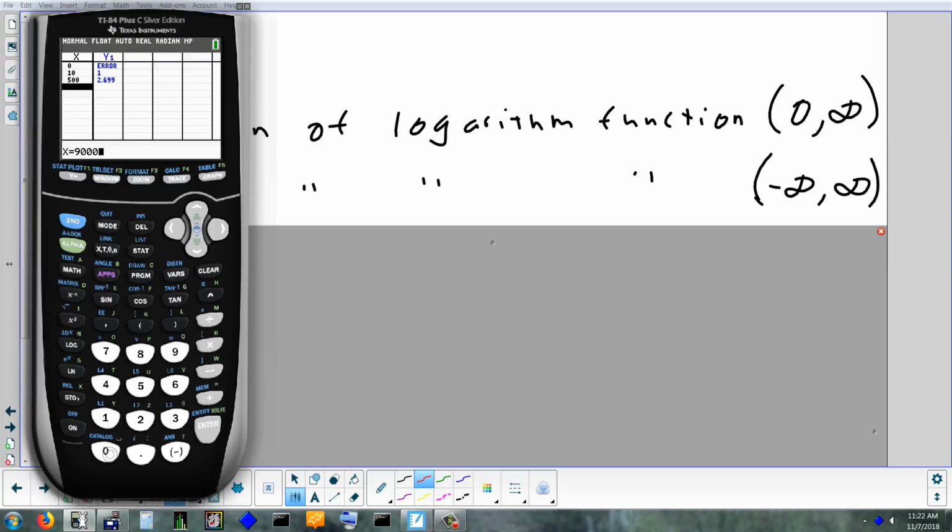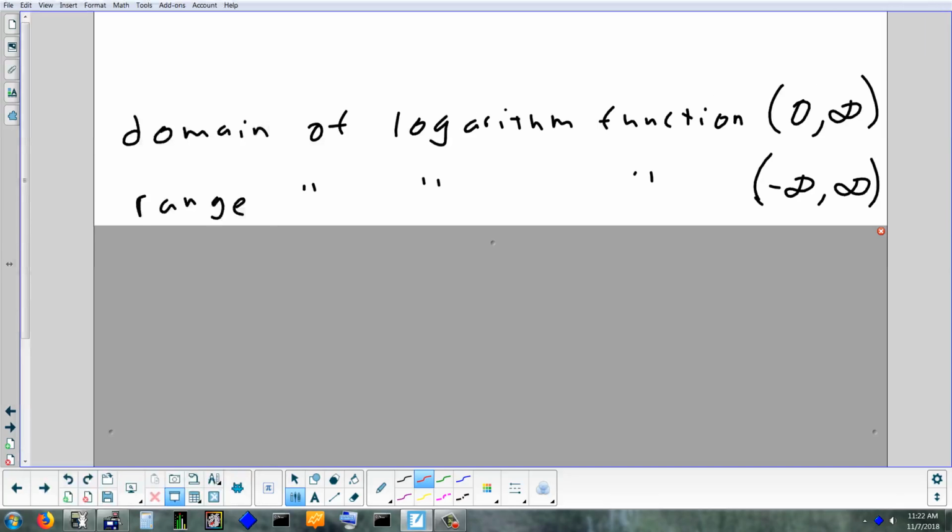If I go all the way to 9,000, going up another 4,500 units on the x, it only brought me up 1.3 units on the y. So it's very, very little for how much you have to go on the x-axis compared to how much you gain on the y-axis. It'll always keep going up, but it goes up slower and slower and slower. It's the slowest growing function that we really have in math.